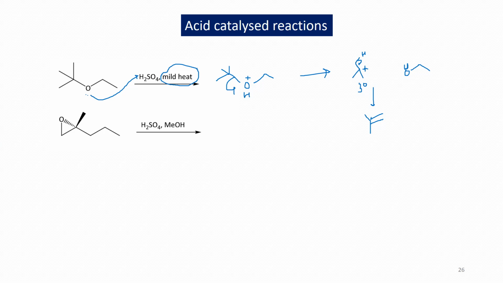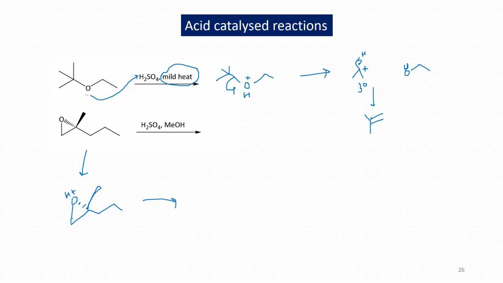Now suppose this epoxide is given, that will also take a proton from this system, forming this protonated epoxide. So the epoxide undergoes a ring opening reaction, as we have seen in the previous case.